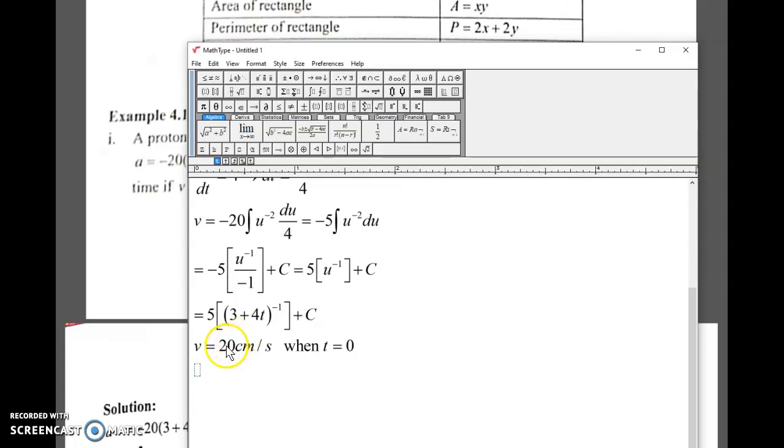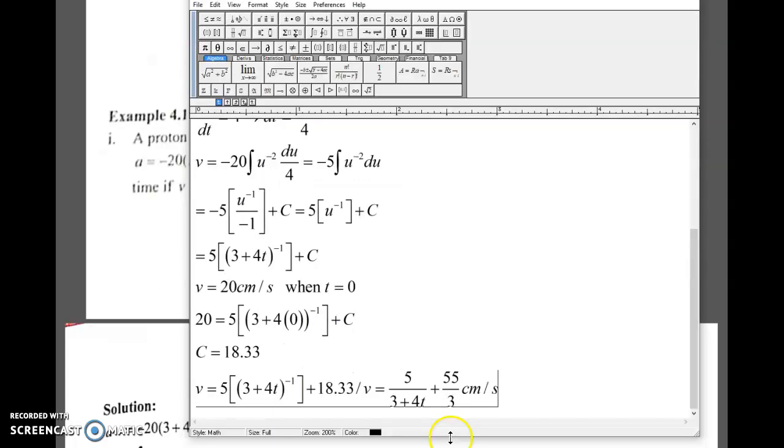So we can substitute this information of v and t, solve for c, and we get c equal to 18.33. The next thing to do is to substitute c back into the formula. Now we have the complete velocity function, plus what was previously known as c, 18.33.